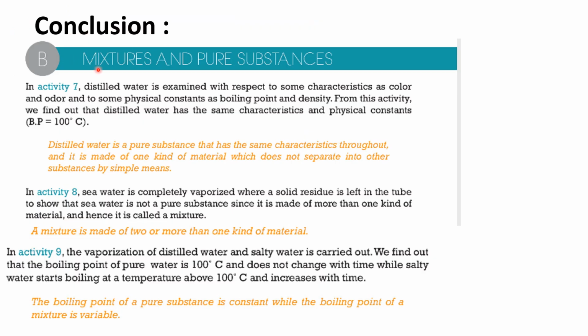Conclusion. Mixture and pure substance. In activity 7, distilled water is examined with respect to some characteristics such as color and odor, and to some physical constants as boiling point and density. From this experiment, we find out that distilled water has the same characteristics and physical constants such as the boiling point.